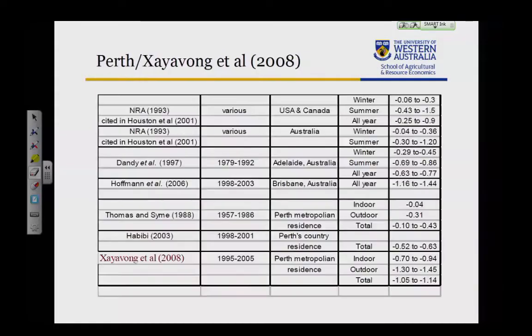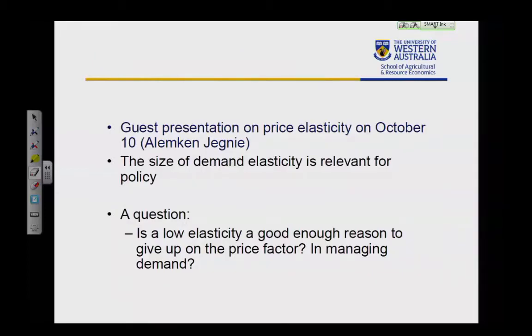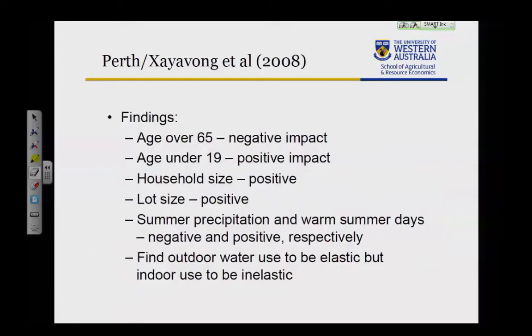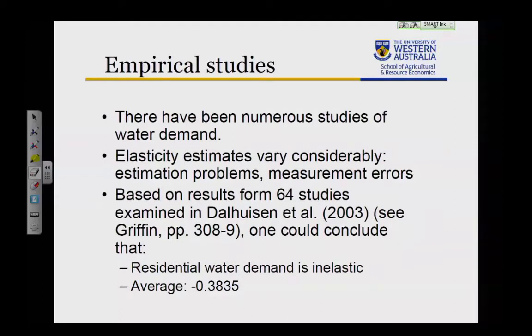Actually, I have invited one of our PhD students to come and talk to you because he is doing a meta-analysis of elasticity estimates from actual studies. So he will come and we'll find out more than what I have here. But estimates vary a lot. In the Griffin book, for example, you can read, but on average they tend to be low. Residential water demand is inelastic, and that's what you would expect.